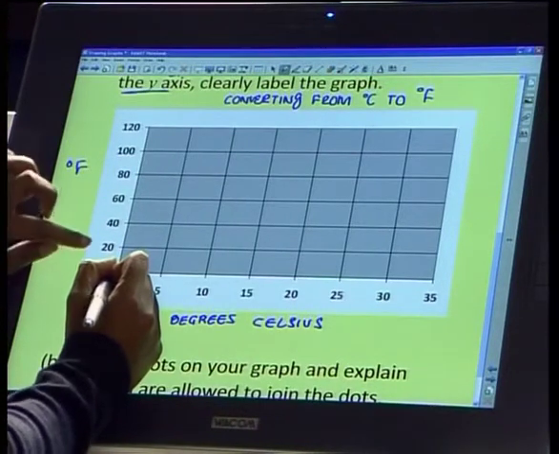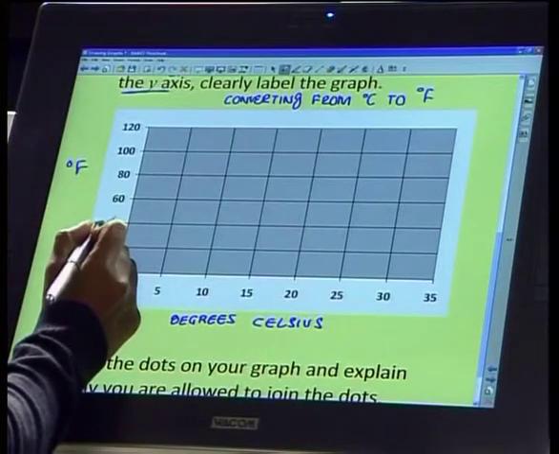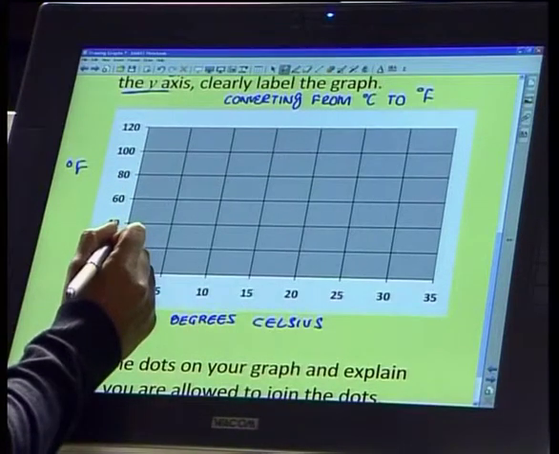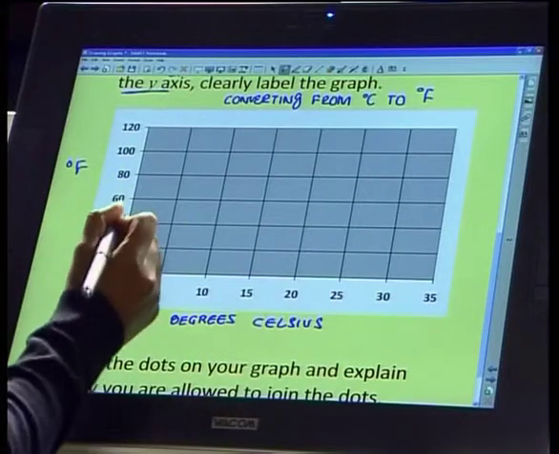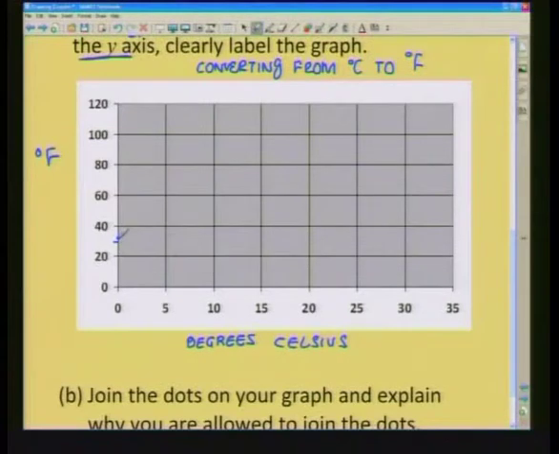Now that's going to be somewhere between 20 and 40. If there are 20 units between 20 and 40, halfway would be 10 units. So up to that point is about 30. So 32 would be slightly above that point. Okay, so at 0 degrees, we make a little dot to show the 32 degrees Fahrenheit at 0 degrees Celsius.